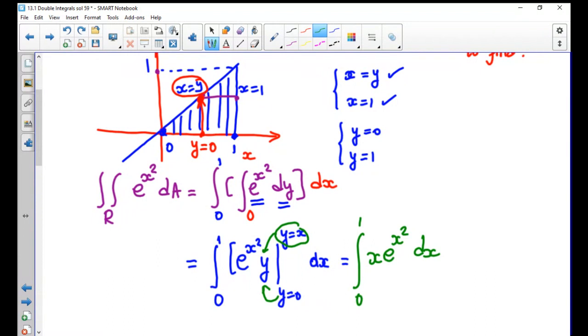This is what you get when you substitute the y with x and then with 0. Now this one, what is the integral? The derivative of x squared is almost this, yes?